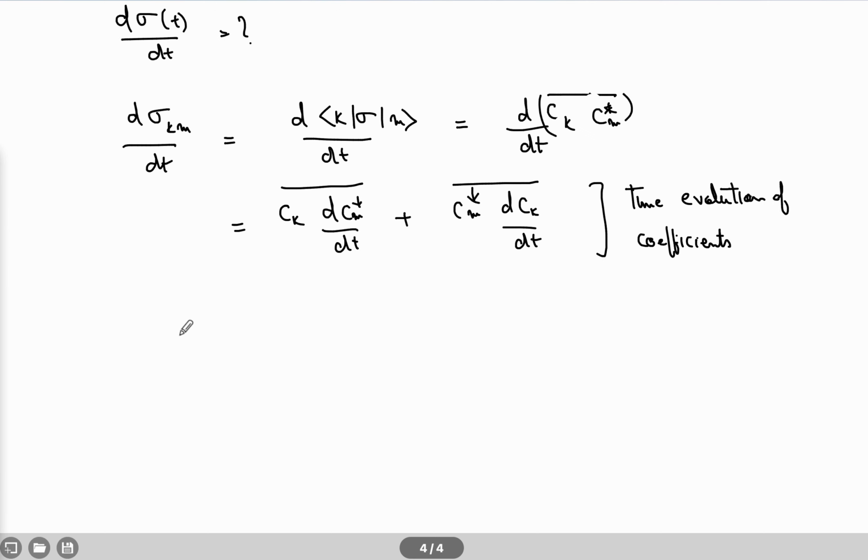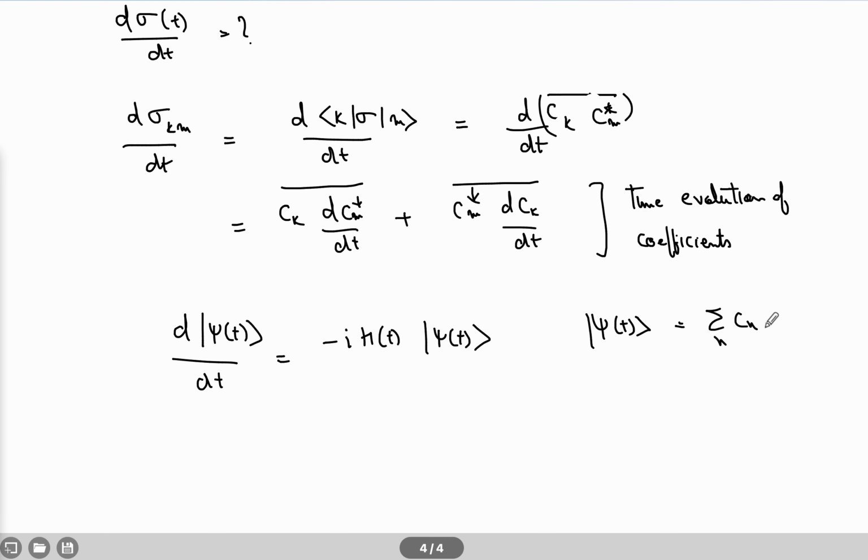The time dependent Schrodinger equation, let's write that down again. d psi(t) by dt is equal to minus i H(t) psi(t), and we know that psi(t) is equal to summation n cn ket n, right? So let us substitute this value over here. So what do we get?